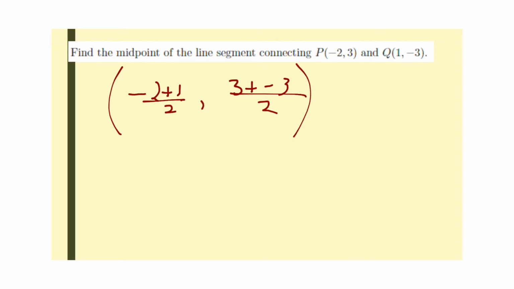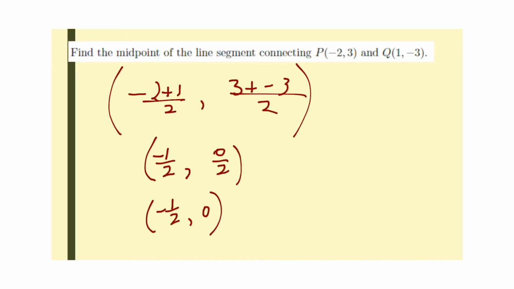So this would be your coordinate pair. That's -1 over 2, and that's 0 over 2. So your point is negative 1/2, 0. Let me point out that it doesn't matter whether you have the 1 first and the negative 2 in the opposite order. Same here. It doesn't matter the order of a sum. You're still going to get the same answer.